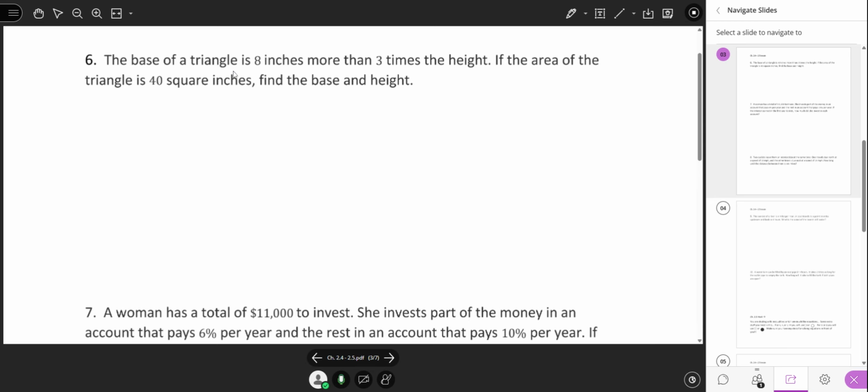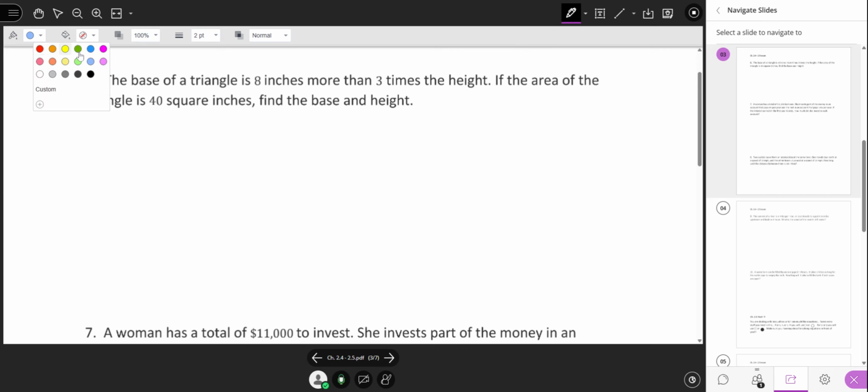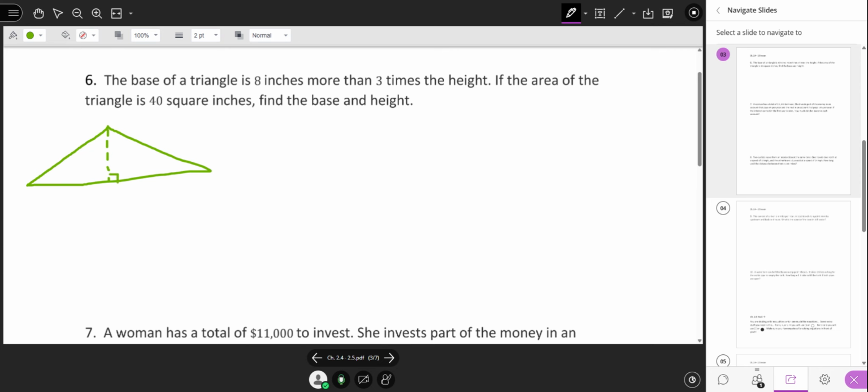The base of a triangle is 8 inches more. Now it doesn't tell us what kind of a triangle. So we just have to draw some kind of a triangle. The base is 8 inches more. So plus 8, 3 times the height.